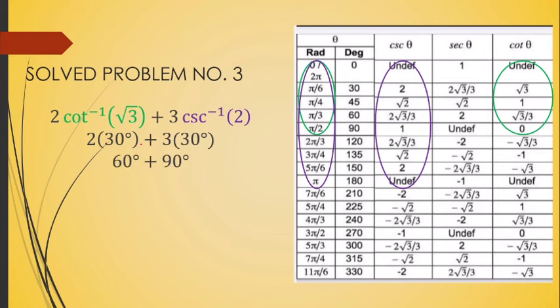So 60 plus 90 is 150 degrees or 5 pi over 6. So this is the answer.